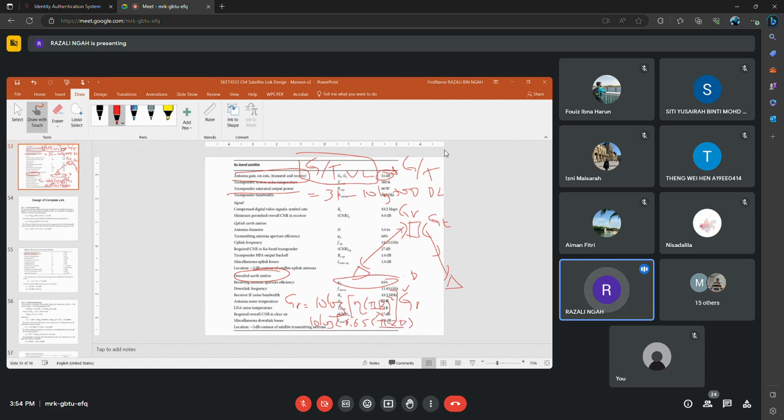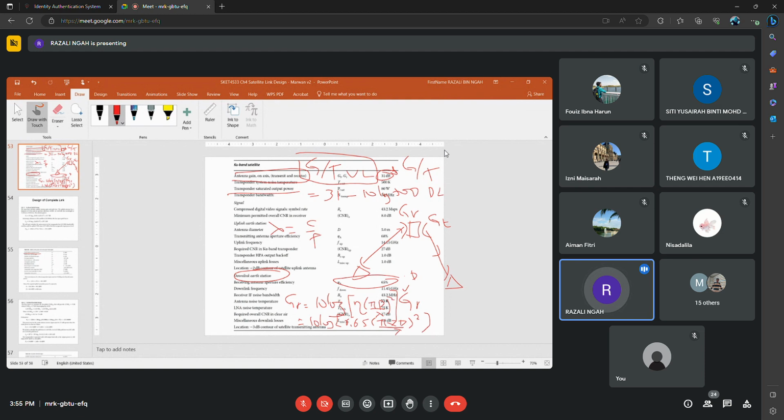And divide by lambda, which from the given frequency you can determine, lambda is C over F: 3 times 10 to the power of 8 divided by 11.45 times 10 to the power of 9. That gives you lambda. Then you square, then you log, then multiply by 10, and you will get GR in dB.